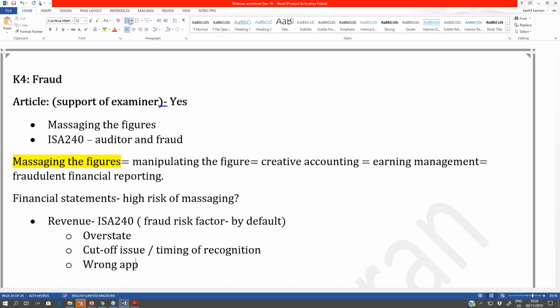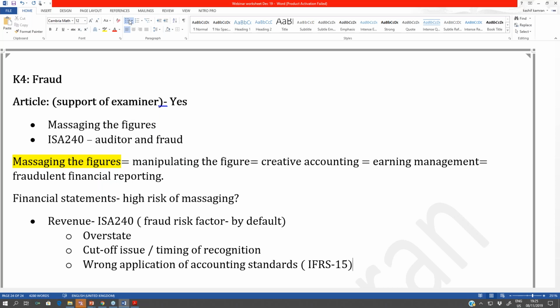Also the wrong application of the accounting standards, IFRS 15, revenue recognition. We know that revenue should be recognized when the performance obligation has been met. But if the company recognizes the revenue prior to the performance obligation being met, then the revenue is overstated. Right? So revenue is the high risk of massaging.